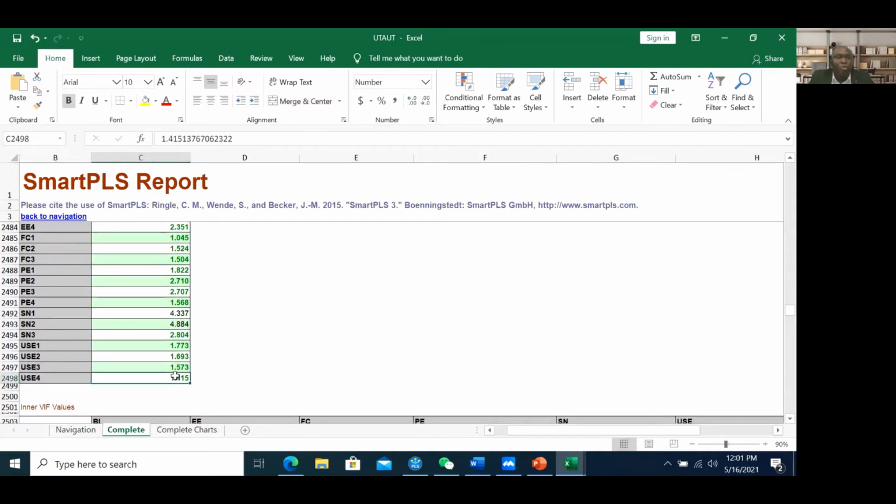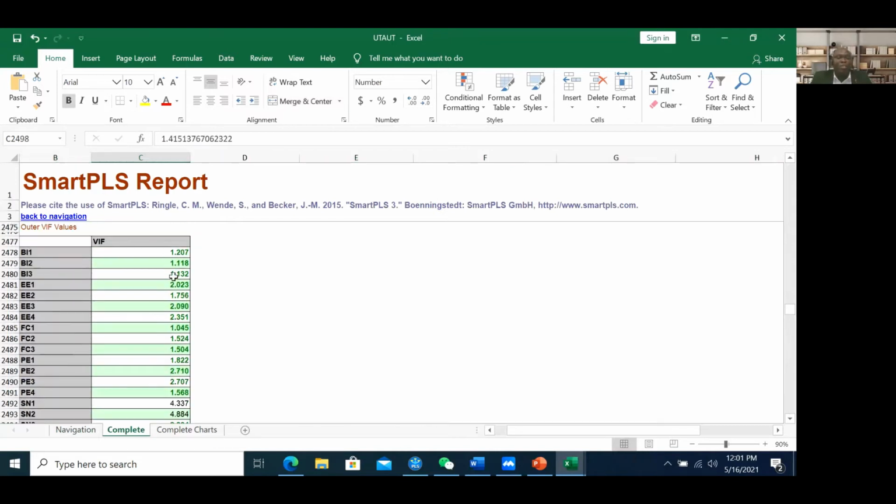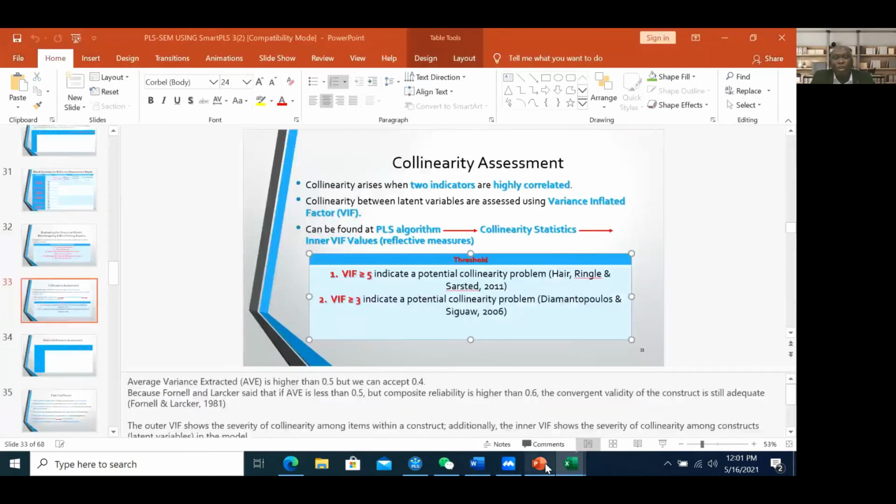The rule for assessing the VIF is that it has to be less than 5 or 3, depending on whose criteria you're using.